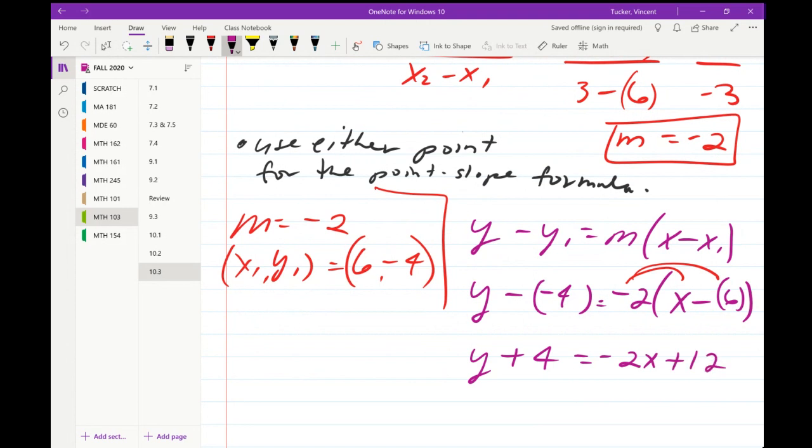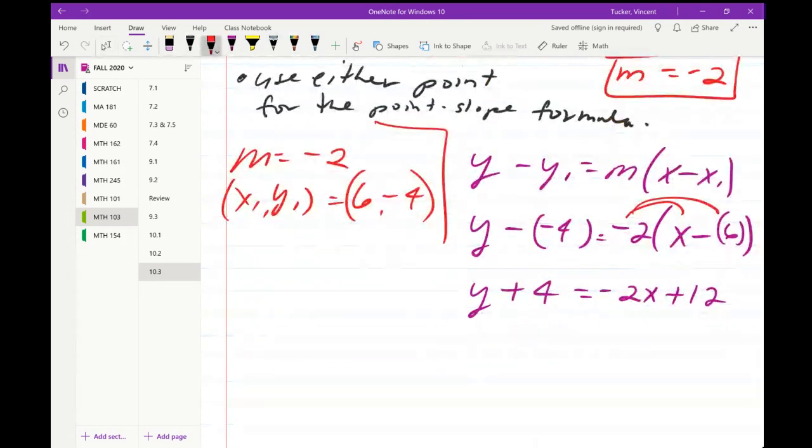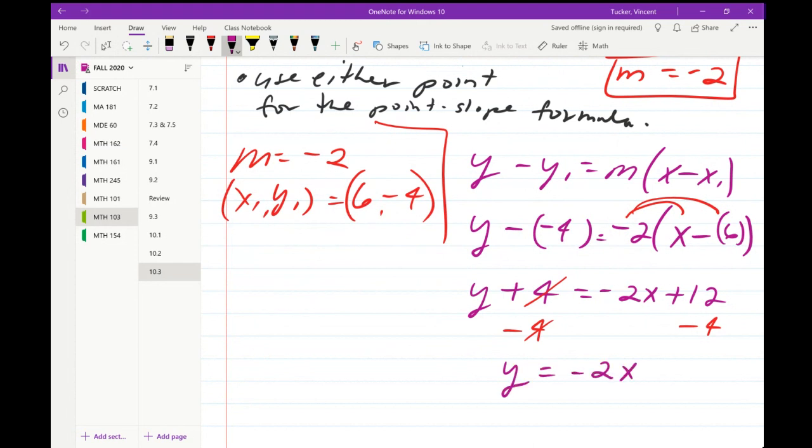So it's negative 2x plus 12. Finish it off by subtracting 4. So it's y equals negative 2x plus 8.